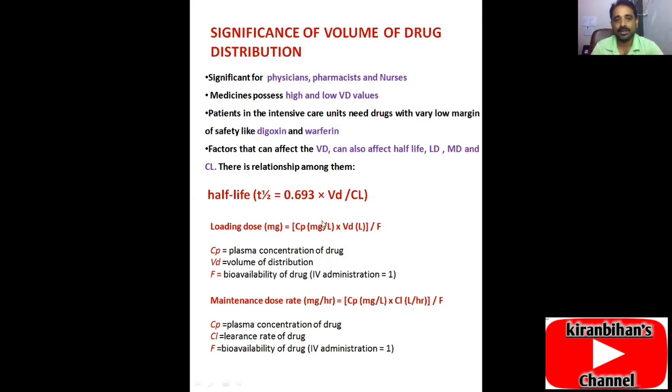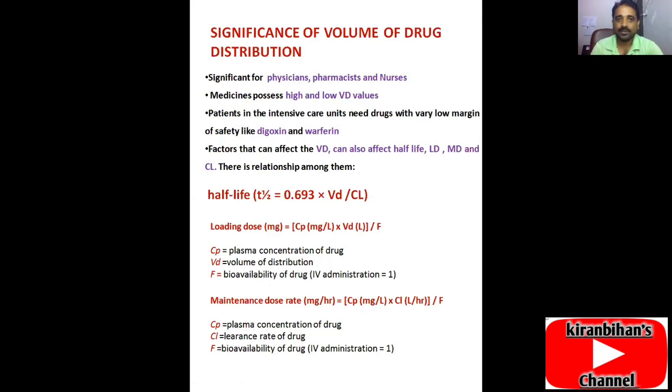The loading dose formula also contains the volume of distribution: loading dose is equal to the plasma concentration times volume of distribution divided by the bioavailability. The same is the case with the maintenance dose. Maintenance dose is equal to the plasma concentration multiplied by clearance of the drug, divided by the bioavailability of the drug.